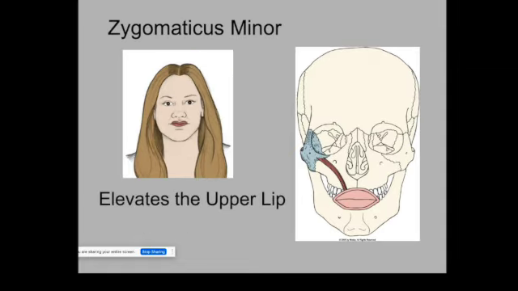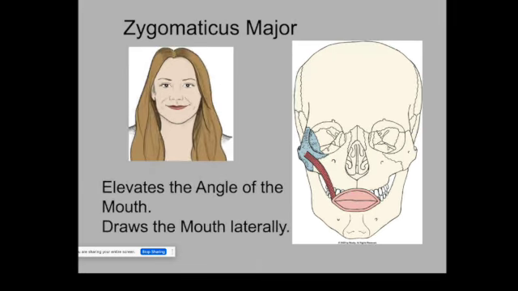Now, the zygomaticus minor elevates the upper lip, and you can see it. The zygomaticus major, a different muscle, now looks like it's leading to a smile. Elevates the angle of the mouth, draws the mouth laterally. So you can see that looks like a regular smile. Zygomaticus major.